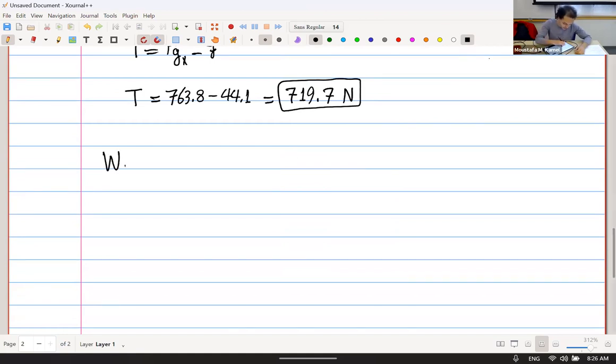Now to get the work done by tension, this is easy. Tension is pointing up the ramp, displacement is down, so the angle is 180 degrees, so negative sign.